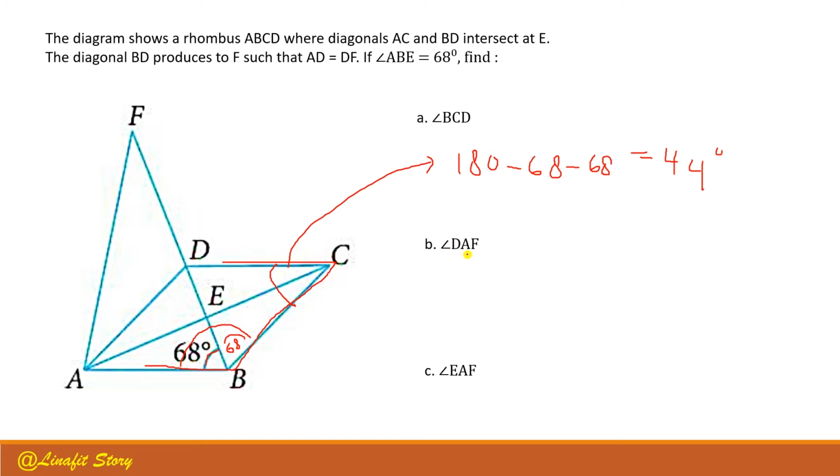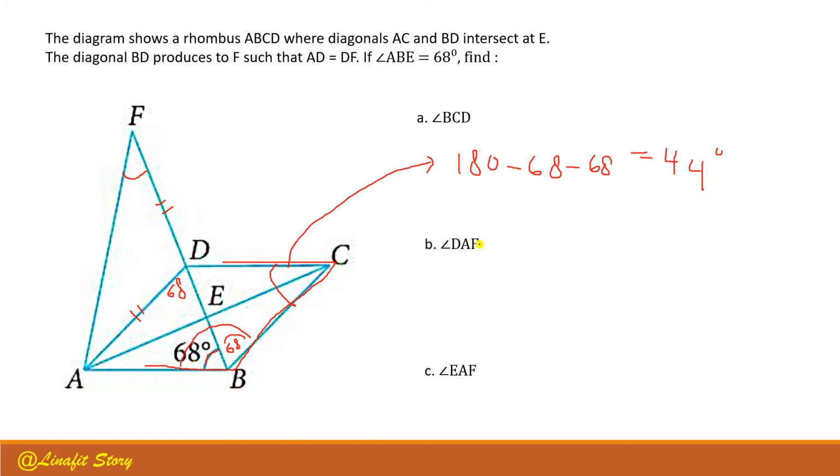Now we will find DAF. This is 68 degrees. This is also 68 degrees. Remember, the exterior angle is equal to the sum of the two opposite interior angles. So FDA is an isosceles triangle.